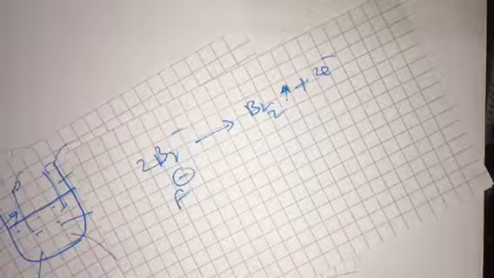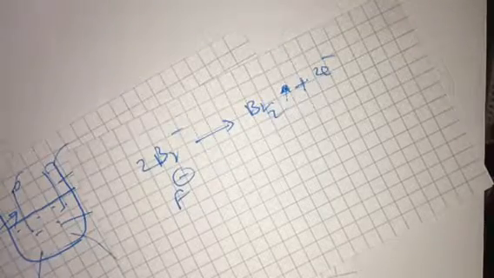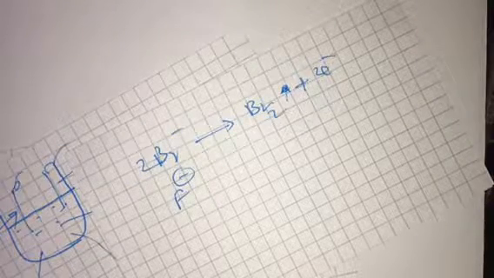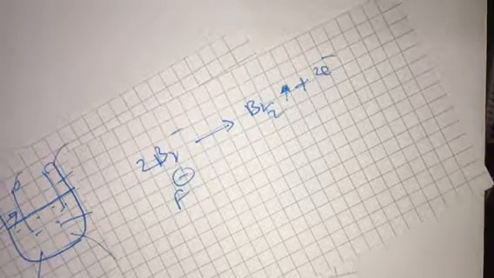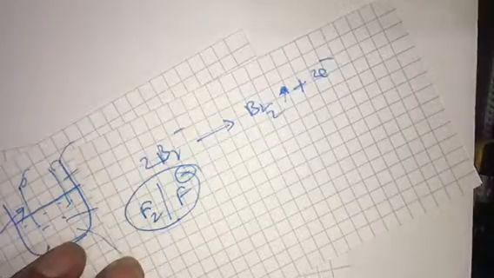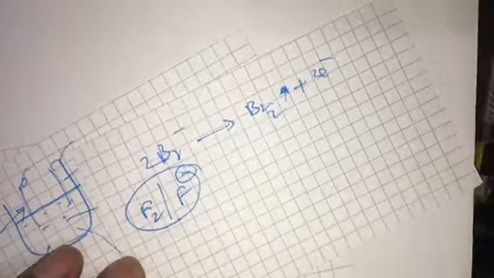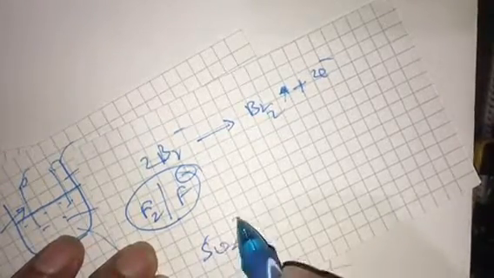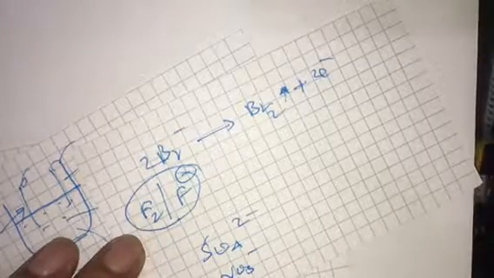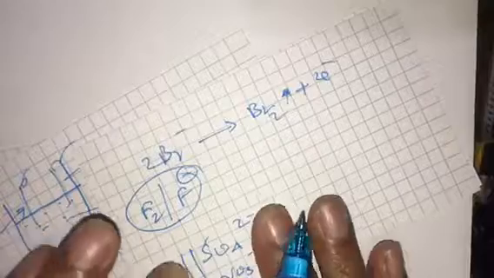High reduction potential is reduced first, low reduction potential is oxidized first, right? Because fluorine has very high reduction potential, it is never oxidized. If you look at sulphate ions and nitrate ions, their reduction potentials are high. They are never oxidized at the anode.